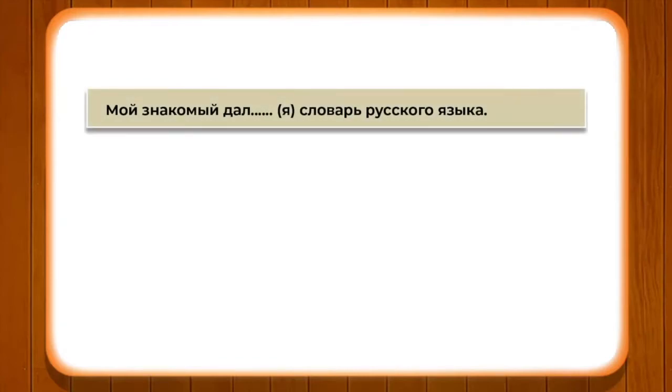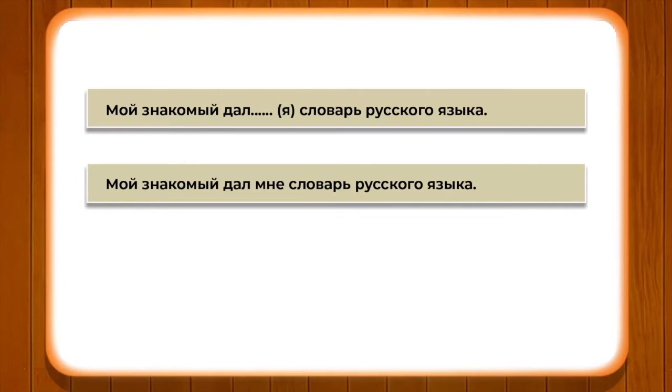Мой знакомый дал. In bracket, we have the personal pronoun я. So, я changes into мне in the dative. Мой знакомый дал кому? Мне словарь русского языка.